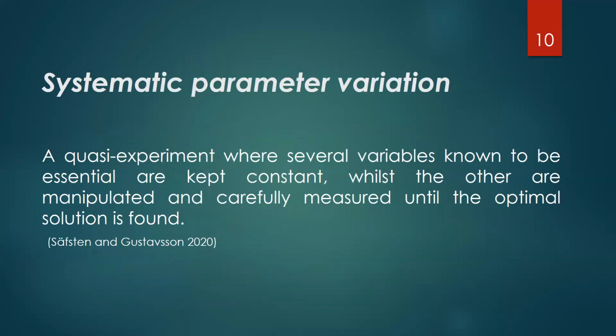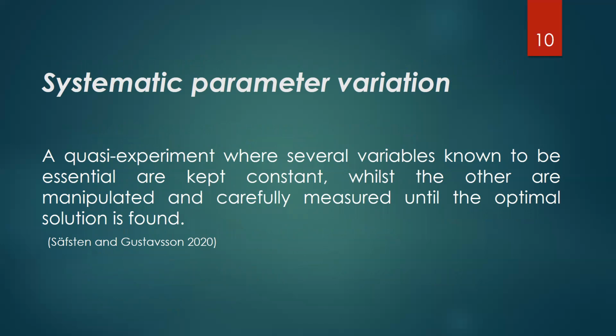So, systematic parameter variation is in a quasi experiment. Several variables are known to be essential. Therefore, you have to keep them fixed. But you can manipulate the rest of them to reach the optimal or the desired solution that you want. This means that you play with these parameters in a systematic way.